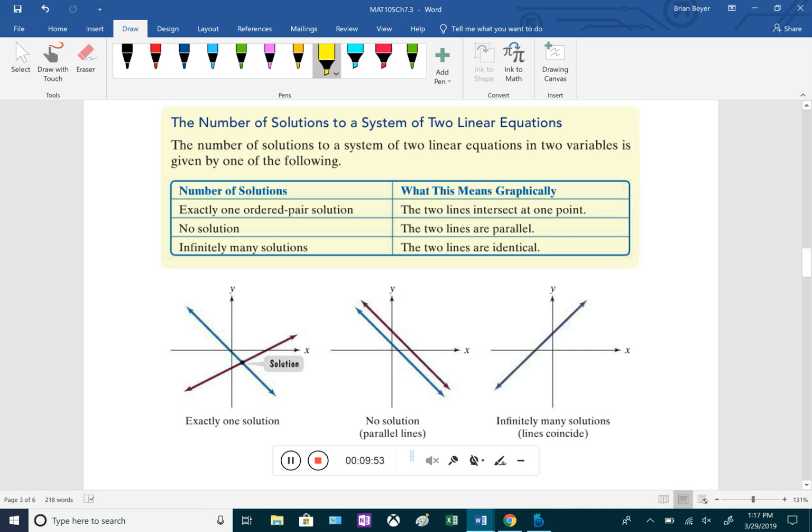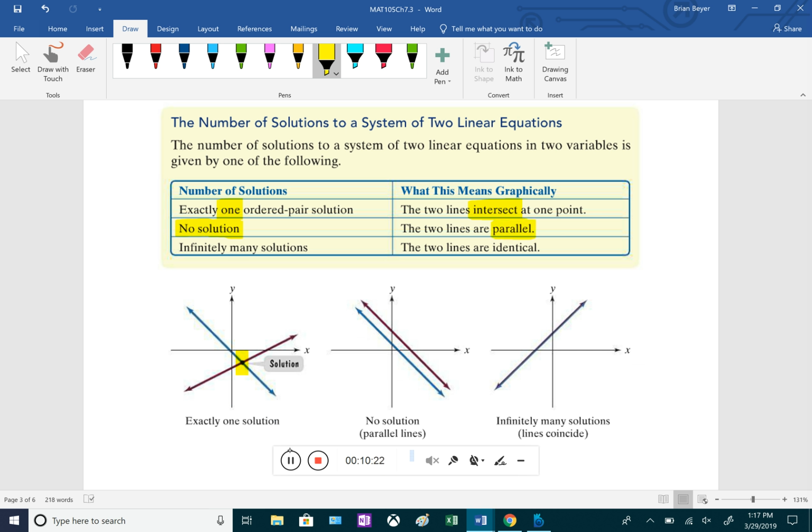So if we have one answer, just like we got in that previous example, that means the lines intersect at one point. So that would be the graph down here on the left where they intersect each other. If they have no solution, that means the lines are parallel, so they actually never intersect.